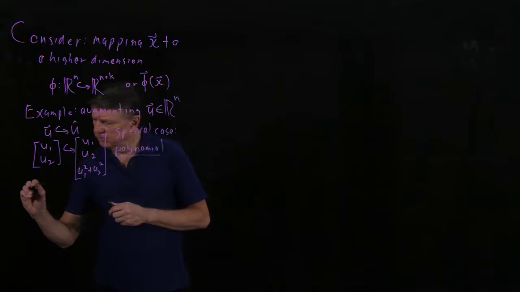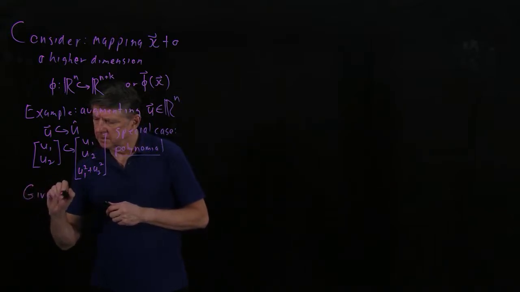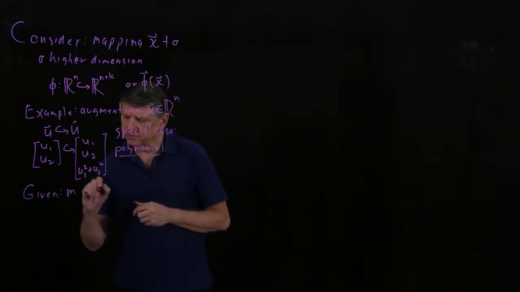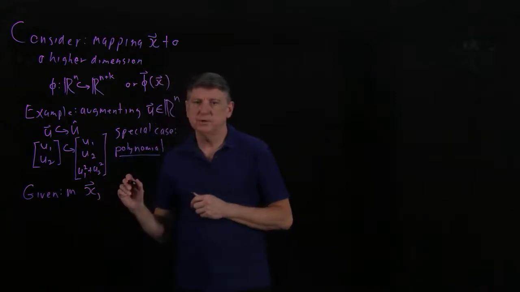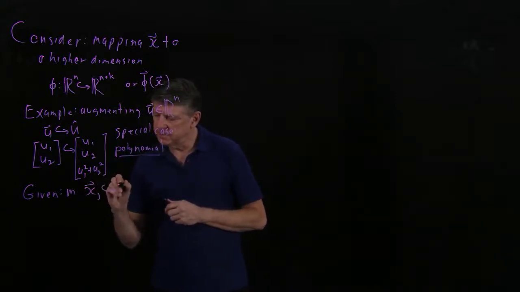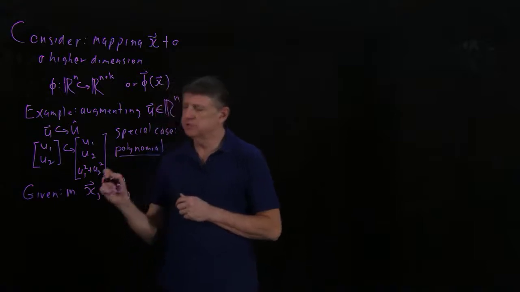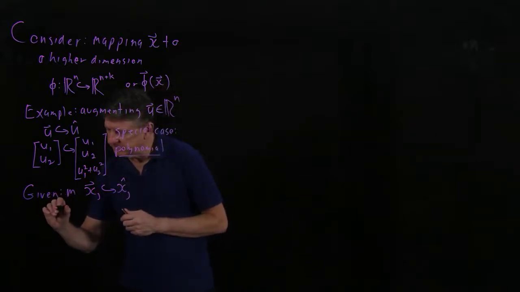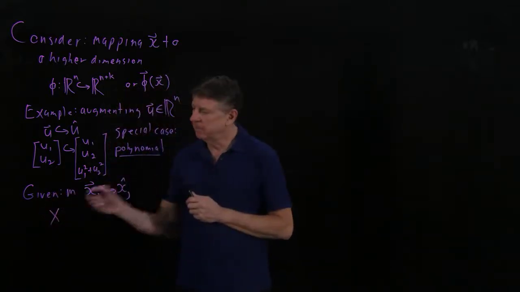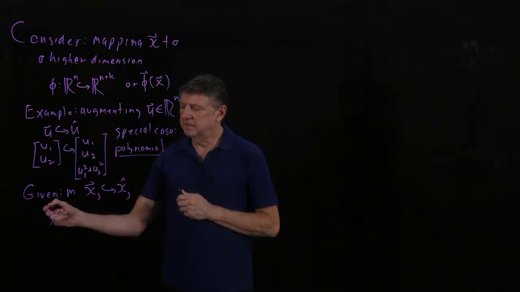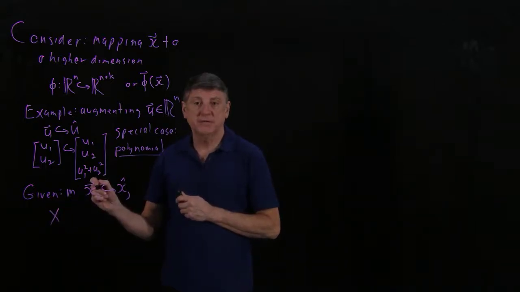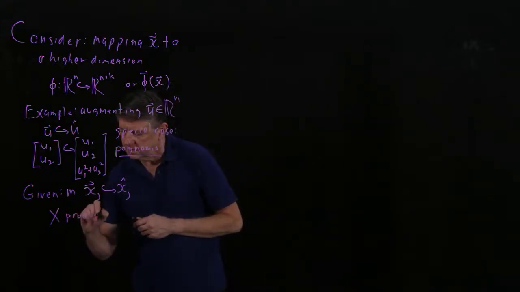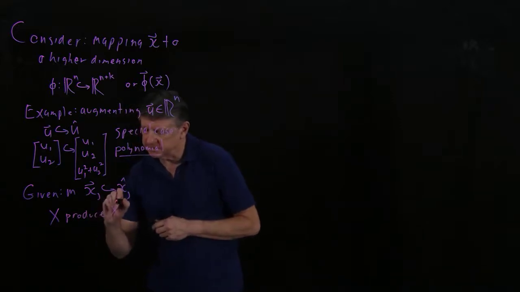So now suppose that we're given m data vectors, which are of the form xj, and what we do is we now embed those into some higher dimension. So each vector gets embedded independently. And that means that the design matrix X that we have, where each row of X is the transpose of a data vector, now will produce a new design matrix.